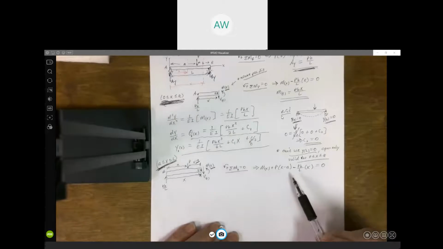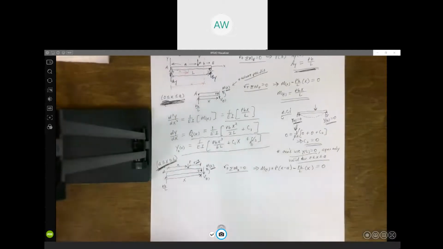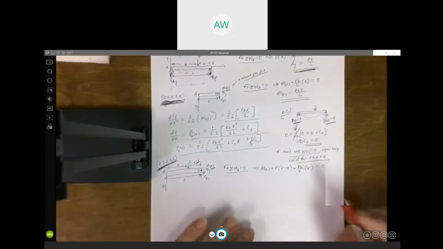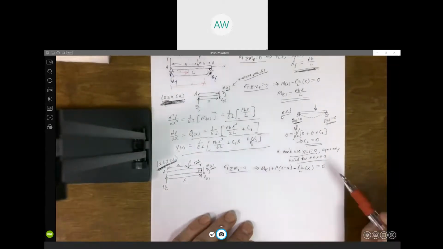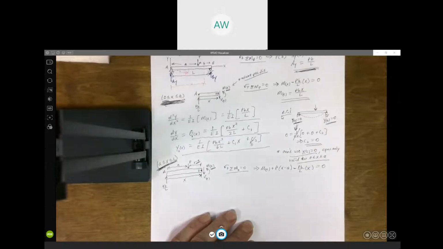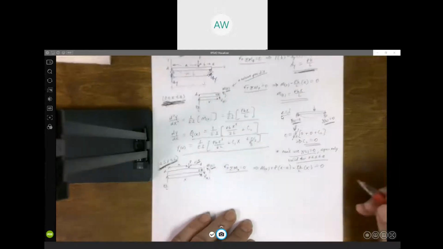Again, you don't have to do this, but just an observation here. In this equation, I'm going to have a's, and I got a b, and I got L. If we can eliminate one of those now, we might have one less term to deal with later down the road. So just an observation here.